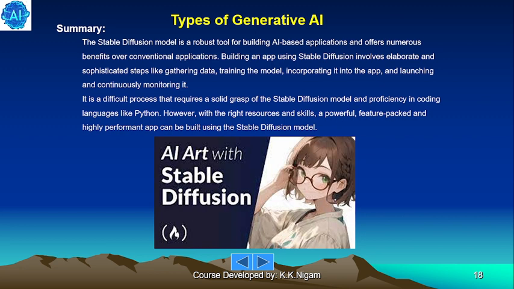It is a difficult process that requires a solid grasp of the Stable Diffusion model and proficiency in a coding language like Python. However, with the right resources and skills, a powerful, feature-packed and highly performant app can be built using the Stable Diffusion model.